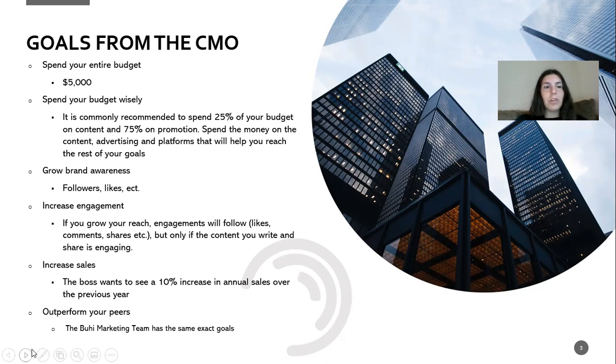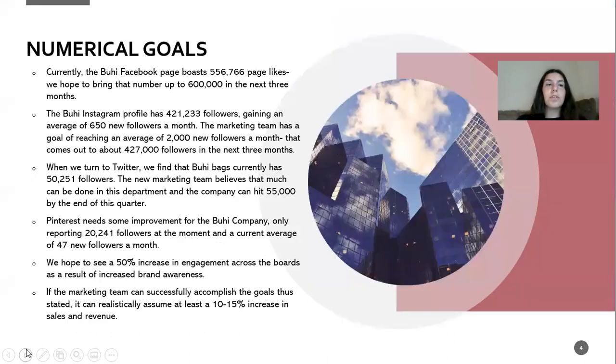which would be Herschel Supply Co. So the Buhi marketing team actually has the same exact goals as the ones that the CMO issued because of unity and the need for that within the company. And so the goals that the marketing team has displayed are the same as these, but they've changed it to numerical issuances.